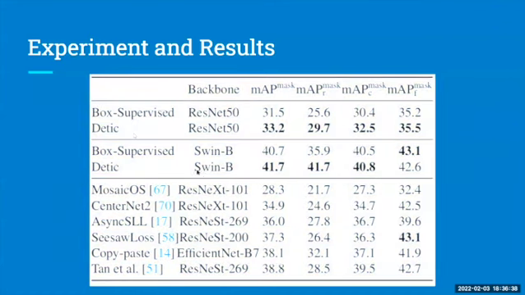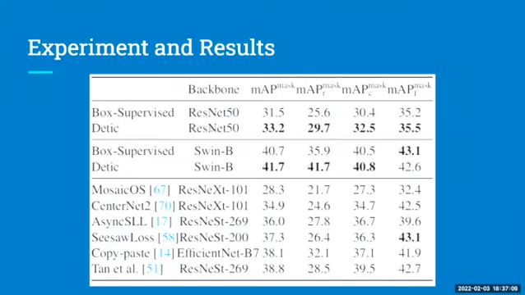All right, so moving on. Now we are going to see how detic performs given different backbones. Box supervised was the baseline method that I talked about, and the two different backbones that we use here are ResNet 50 and SWIN-B. This experiment shows that detic outperforms box supervision as well as many of the different methods, regardless of the backbone that they use.